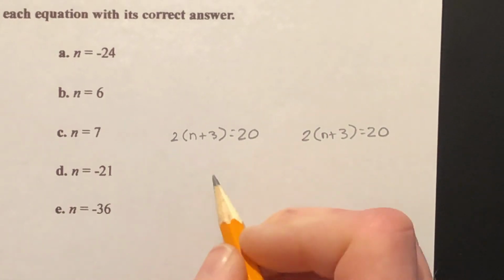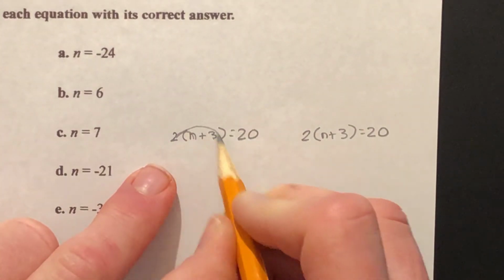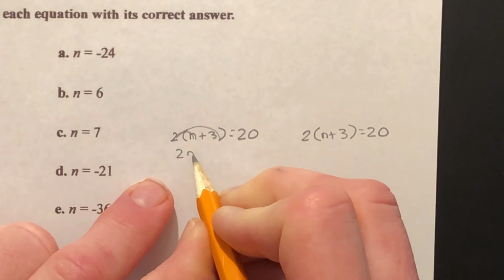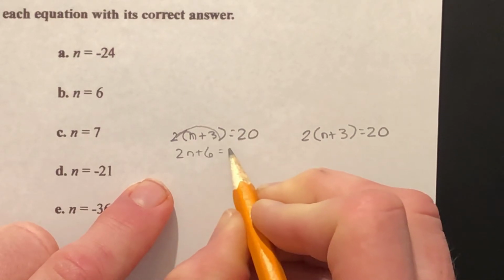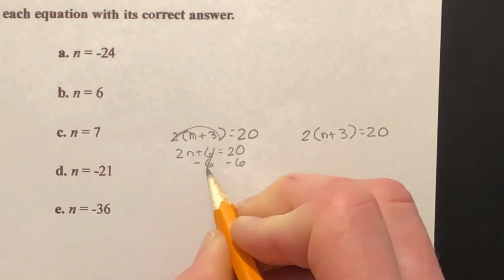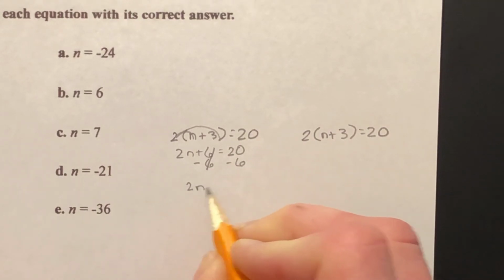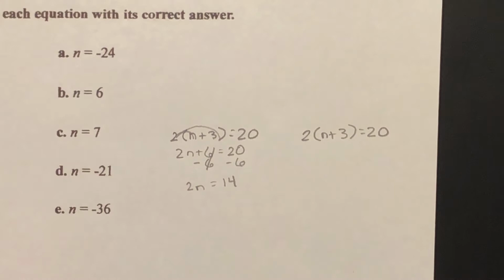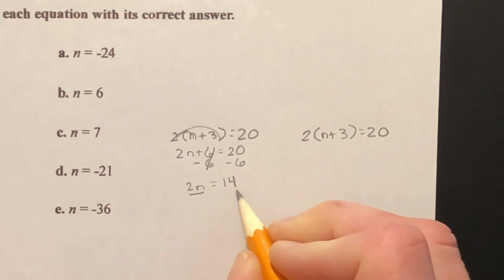Let's see, this time I'll distribute. So distribute the 2: 2n plus 6 equals 20. Subtract the 6 from both sides. Get 2n equals 14. Divide both sides by 2.